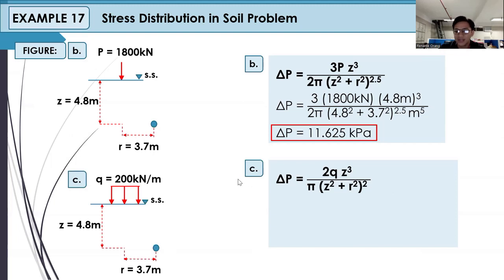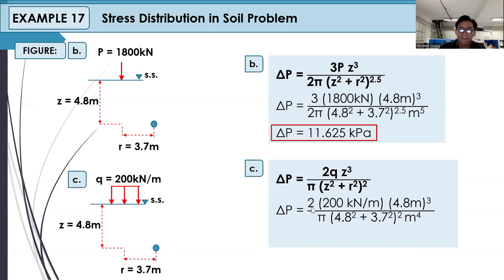So let us just substitute everything to our formula. We have 2 multiplied by 200 kilonewton per meter multiplied by 4.8 meter cube, paki-calculator, divided by pi, open parenthesis, 4.8 squared plus 3.7 squared, then close parenthesis squared.